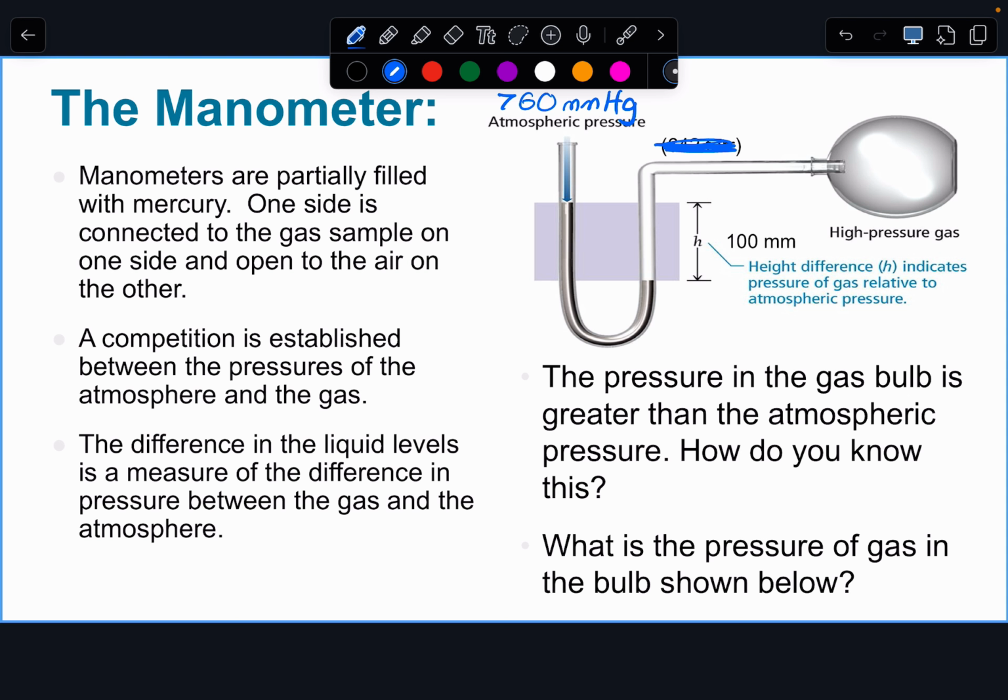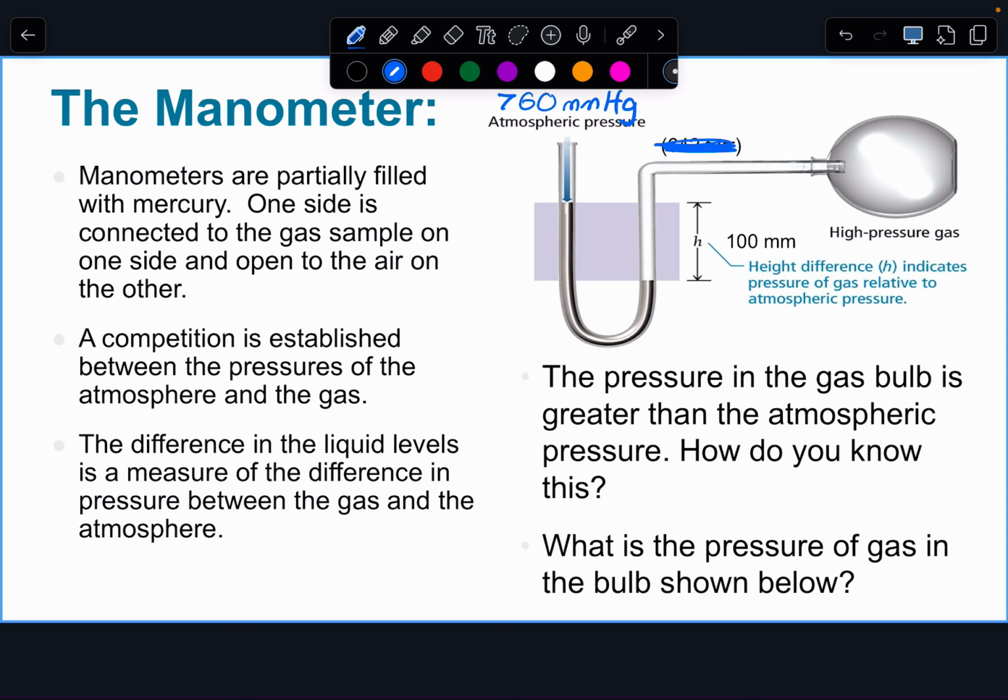And let's kind of go back and say, what if the gas was also 760 millimeters? They would both be pushing on the two sides of mercury equally, and so you would actually see the mercury at the same level. Okay, so that would be if both of them were 760 millimeters.